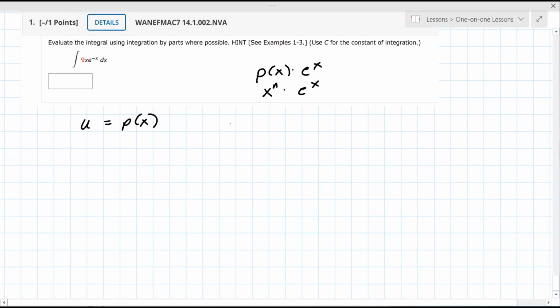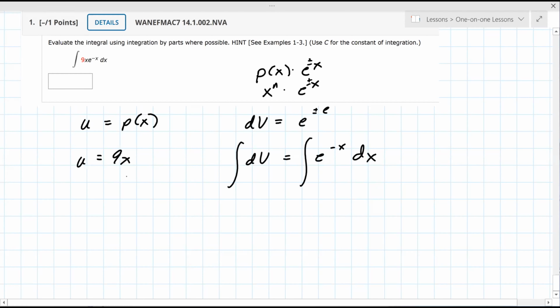In this case, your u is going to be 9x. Your dv is always this e to the plus or minus x. So in this problem, your dv is going to be e to the minus x dx.